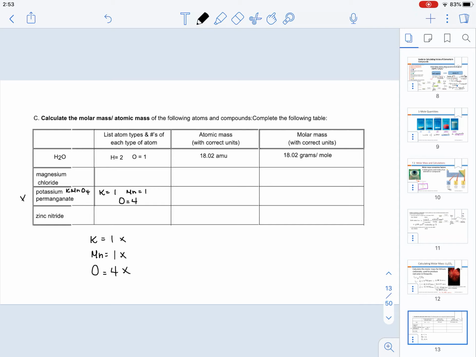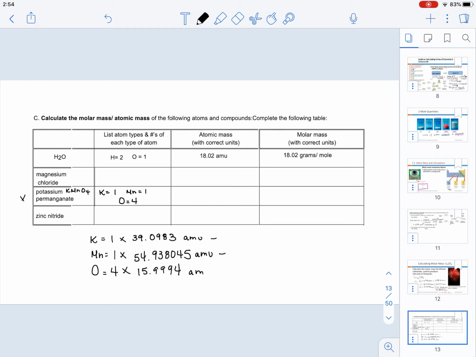So for potassium, we have 39.0983. For manganese, we have 54.938045, and for oxygen is 15.9994. So understand that coming from the periodic table, this is going to be AMU.